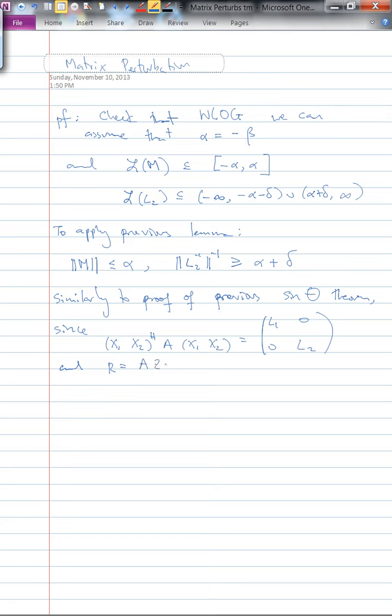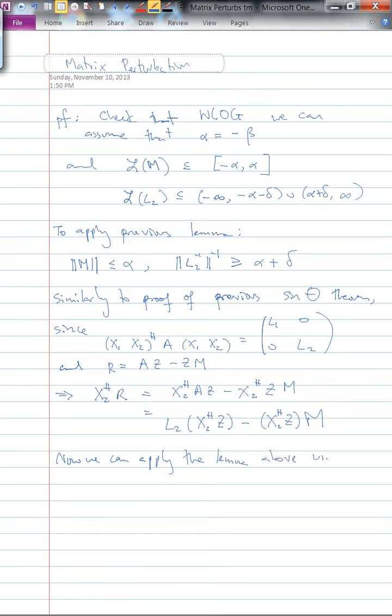and R is equal to AZ minus ZM, we argued that X2 times R is equal to X2 AZ minus X2 ZM, which is equal to L2 times X2Z minus X2Z times M. And now we can apply the lemma above, using the operator norm, which is consistent.